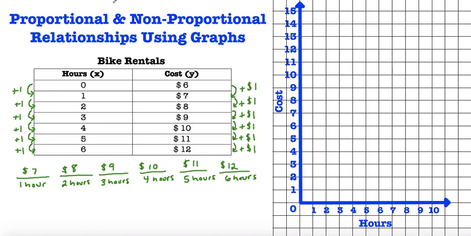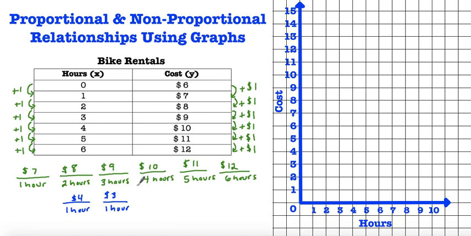And so if we simplify our rates, $7 an hour is already simplified. That's our unit rate. And then we have $8 for 2 hours. If we simplify that, that ends up being $4 per hour. Here we have $9 for 3 hours, which ends up being $3 an hour.